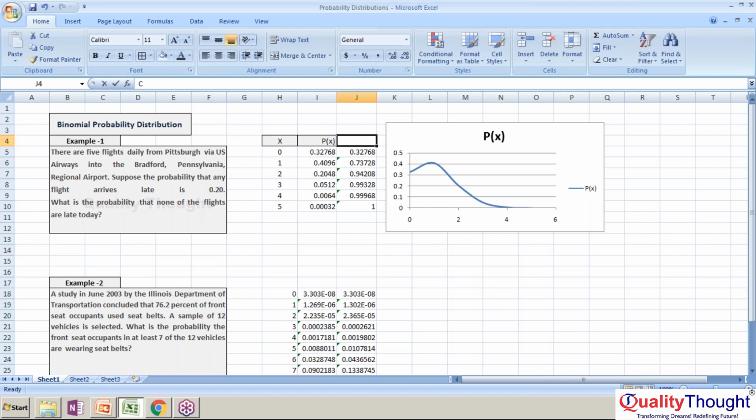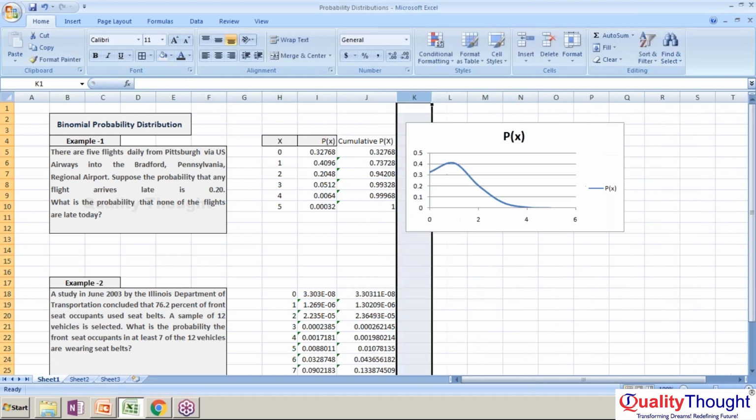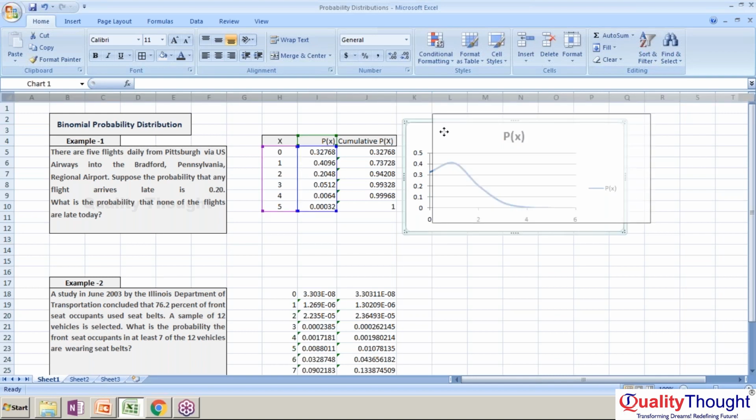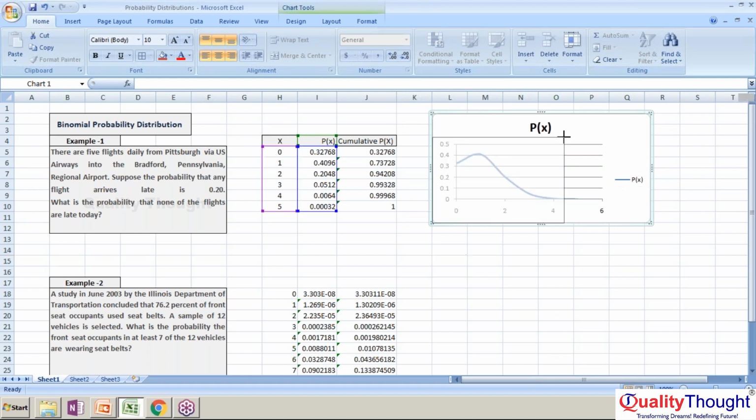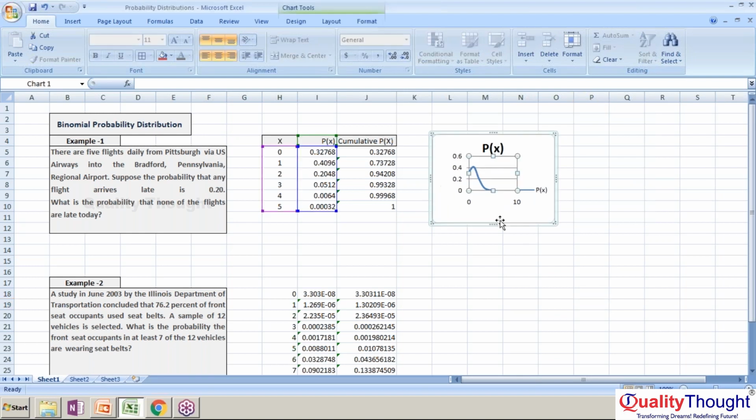So let me just say cumulative P of X. I can also make this cumulative X wherever I want.